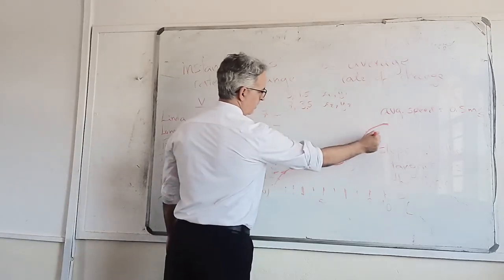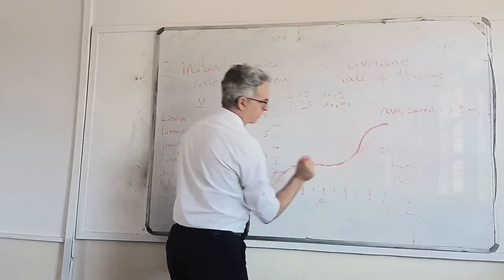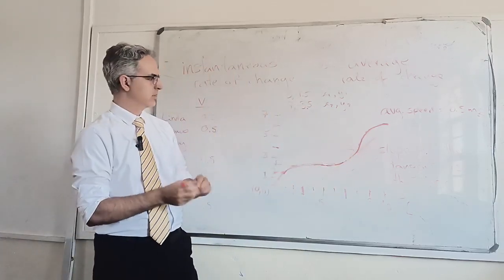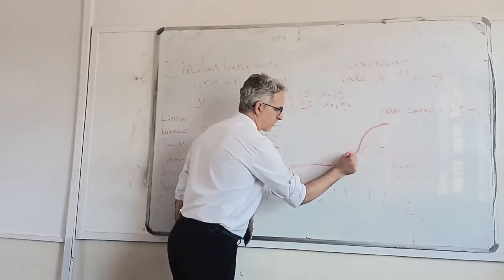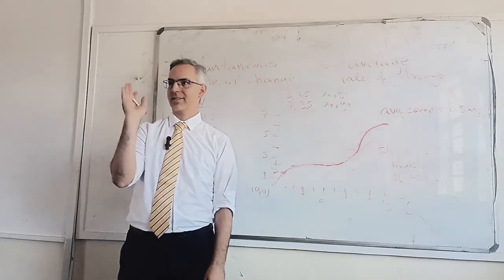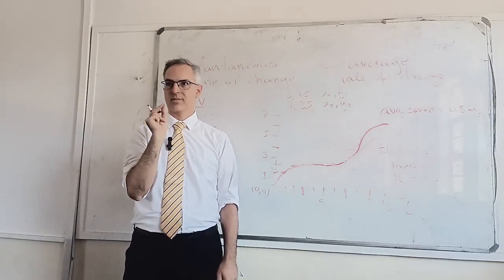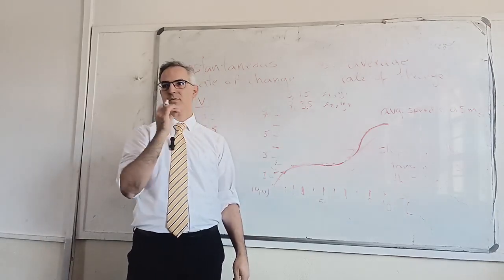Let me draw a proper one: the slope of the tangent line is the instantaneous rate of change at the point where it is tangent. So a tangent line is tangent at one point. Every point on the curve has its own tangent line.